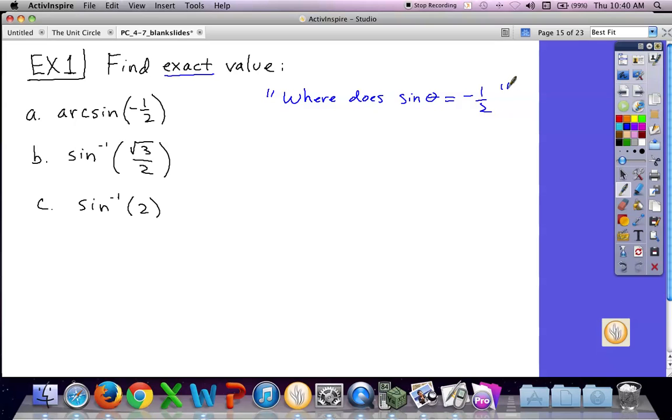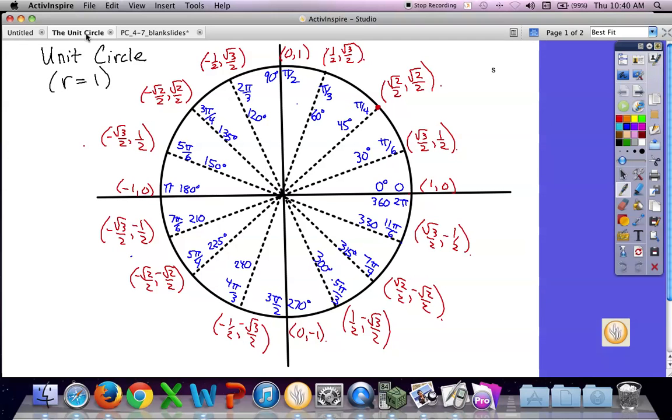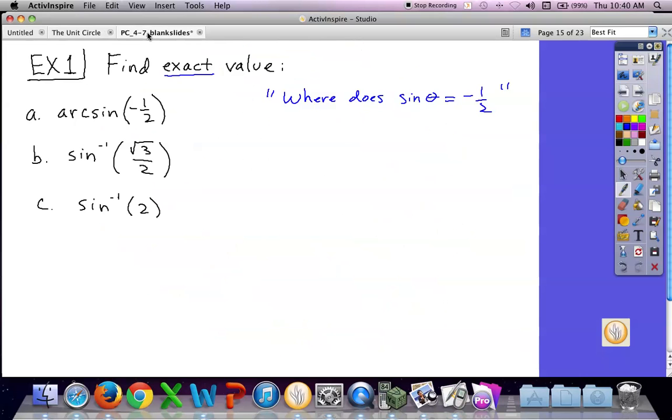And specifically, in which two quadrants would we be looking? We were told it's going to be between -π/2 and π/2. So it's actually in these two quadrants that you're looking. So in terms of the example, where does sine equal -1/2, that's going to be in either quadrant 1 or quadrant 4.